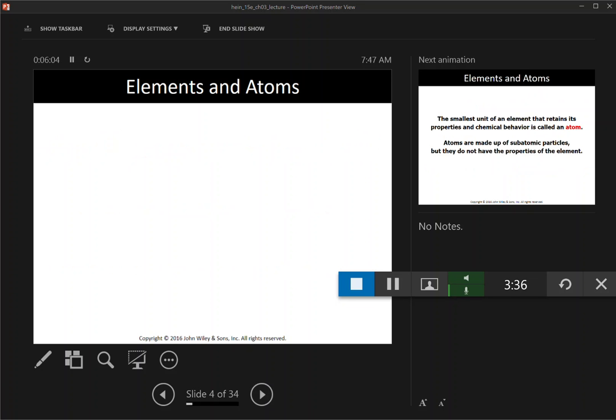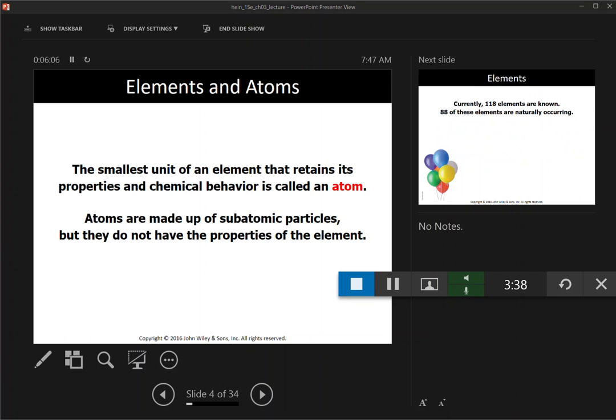Now, elements are composed of atoms. Atoms are the smallest particle of an element, and atoms cannot be broken into anything smaller. So since atoms are the fundamental particle or part of the element, it's very important for us to understand and study the structure of the atom.